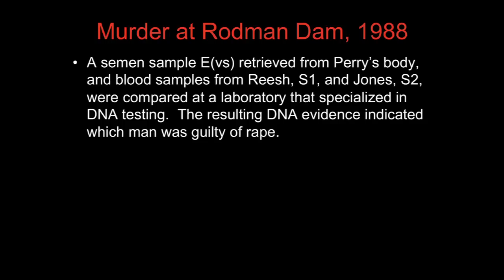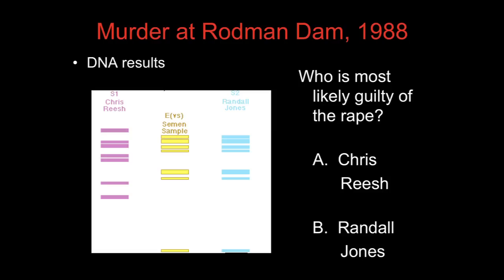A semen sample, we'll just label that EVS, retrieved from Perry's body, and blood samples from Riesch, we'll call that S1, and Jones S2, were compared at a laboratory that specialized in DNA testing. Remember, this is 1988. The resulting DNA evidence indicated which man was guilty of rape.